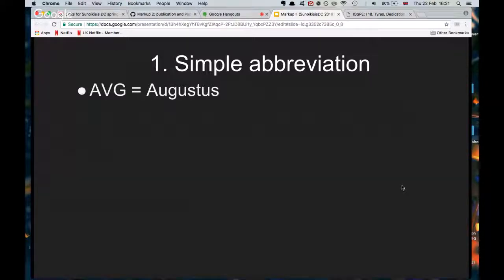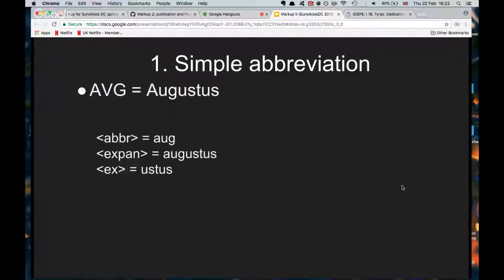The second example I wanted to show you about, again, being careful about these things, is dealing with different abbreviations. So the first example is a simple abbreviation. We know that AUG is the abbreviation for Augustus. So how do we mark that up?